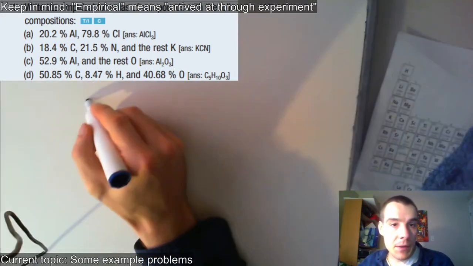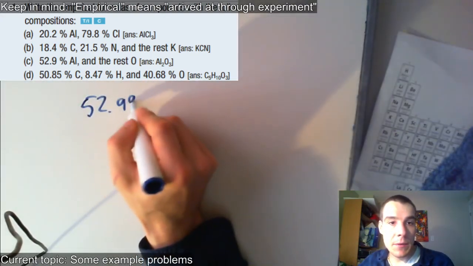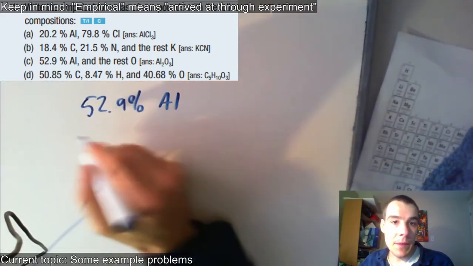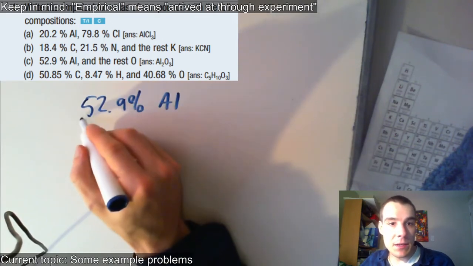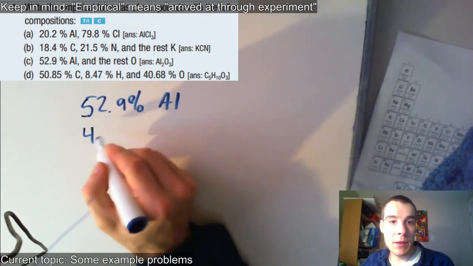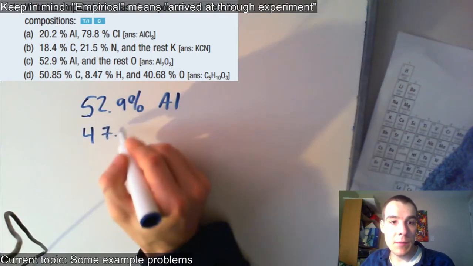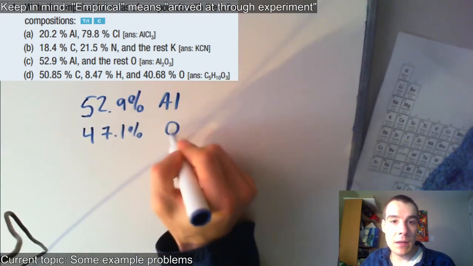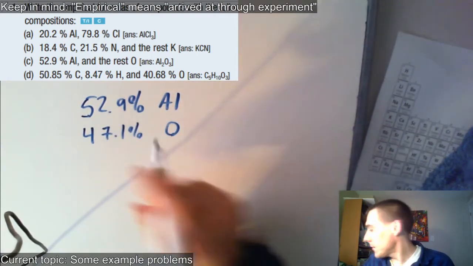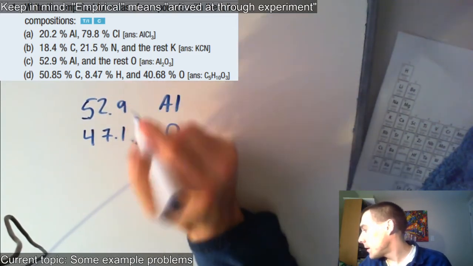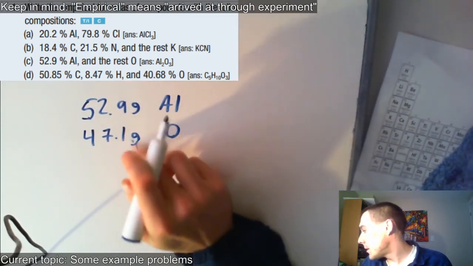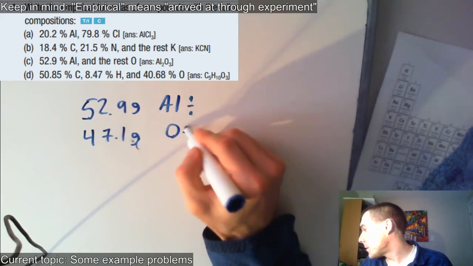So we have 52.9% aluminum, and the rest of it is oxygen, which mental math is 47.1% oxygen. Change that to grams, and we'll divide it by their molar masses.